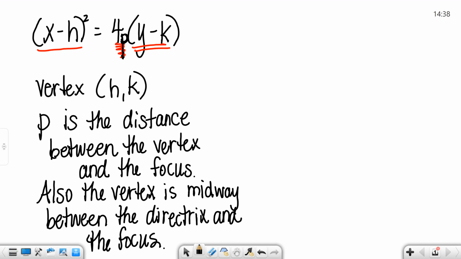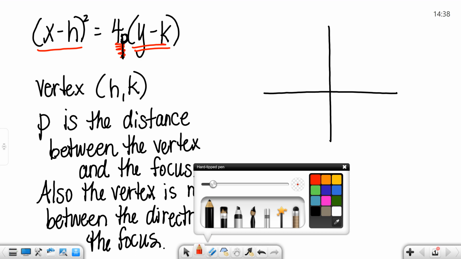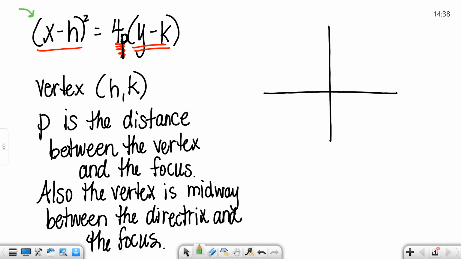All right, so let me just draw what this parabola will look like. Now, this particular parabola, because the x value is what is squared, that means that it is going to open up or down.